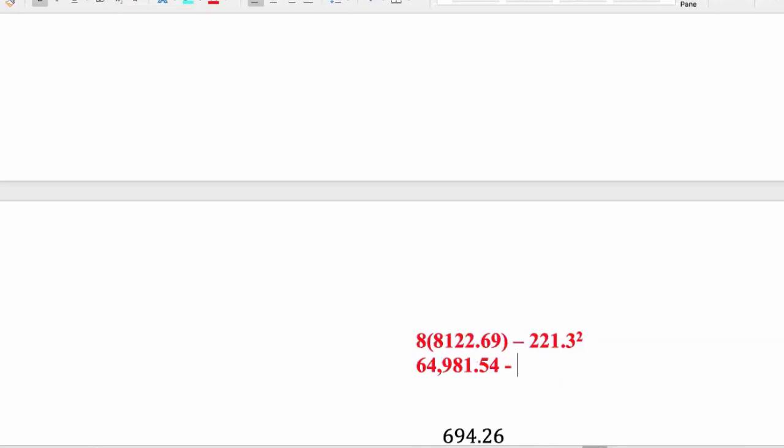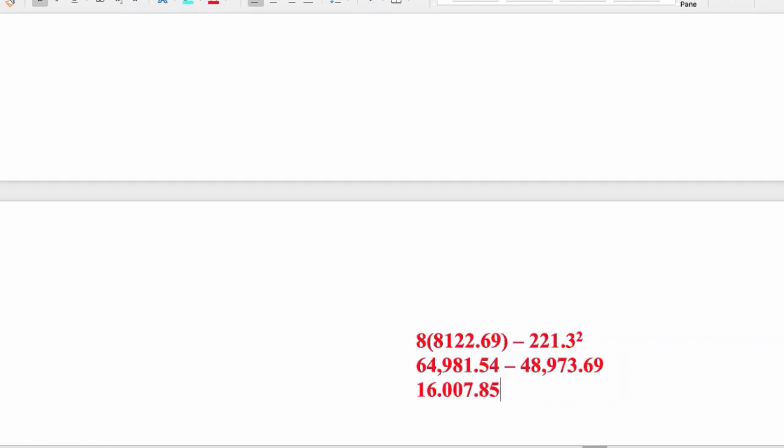And anyone have 221.3 squared? If you can't find the square on your calculator, just multiply 221.3 by 221.3. That's what I've just done here on my phone. 973.69, again, double check on that. And once we subtract one from the other, 16,007.8. I have an 8.5.